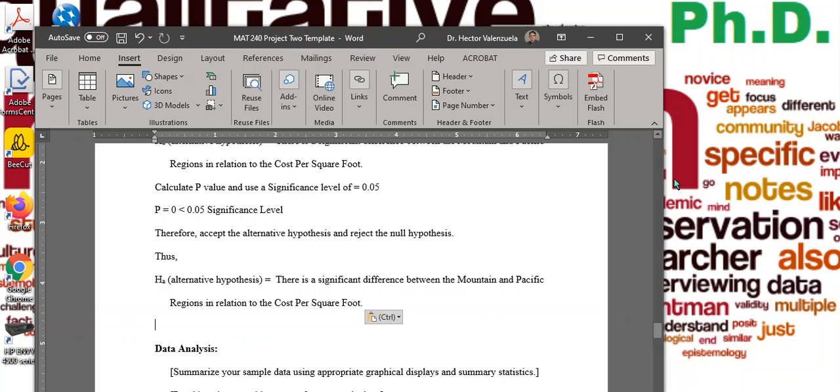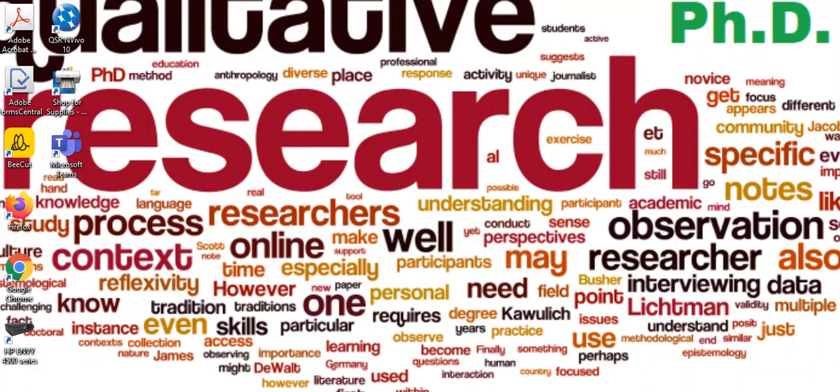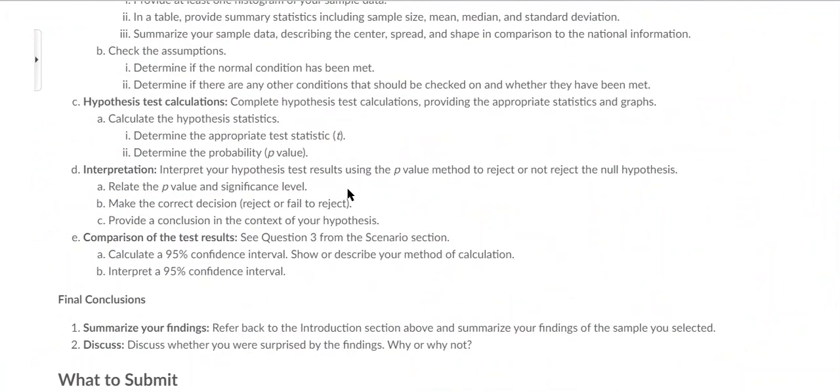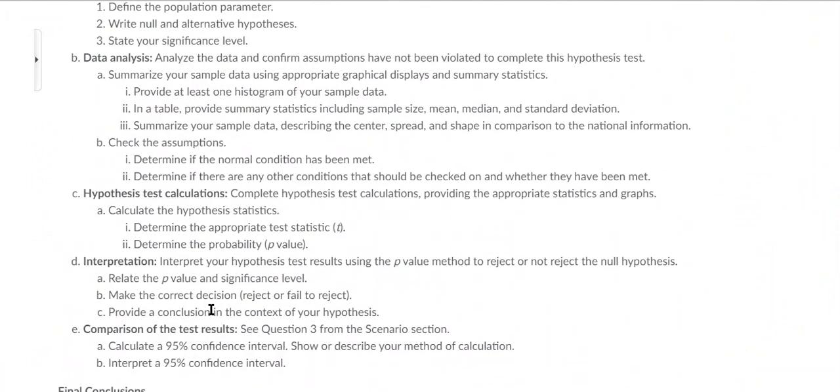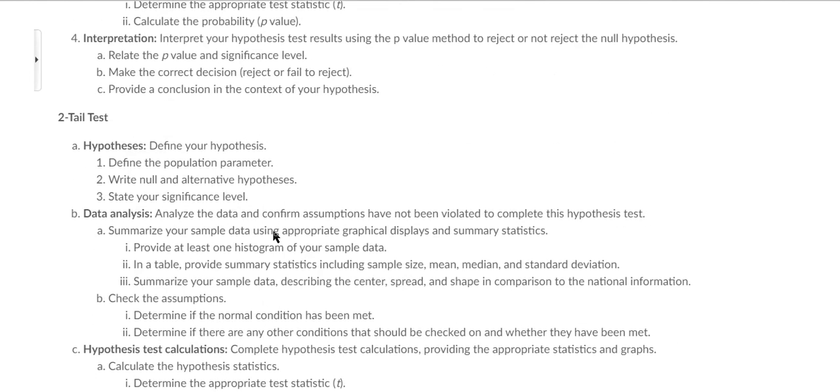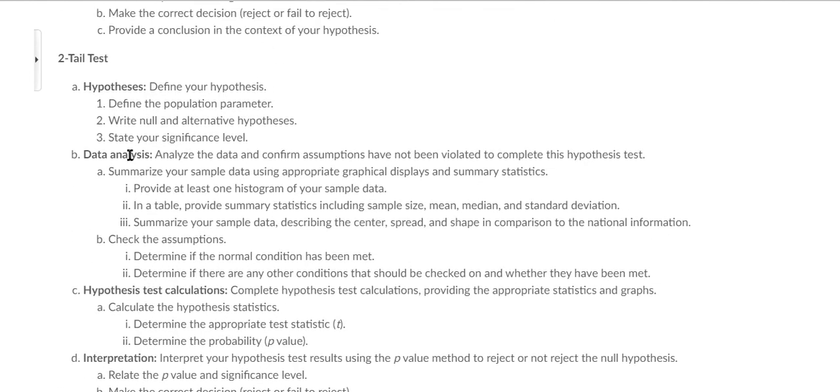Now, let's go back to the instructions here. Now, remember with the data analysis, you're going to do your summary statistics in Excel by clicking on data analysis and using the descriptive statistics tool. Okay, for summary statistics, you'll do the histogram. Okay, you have to address all the bullet points.